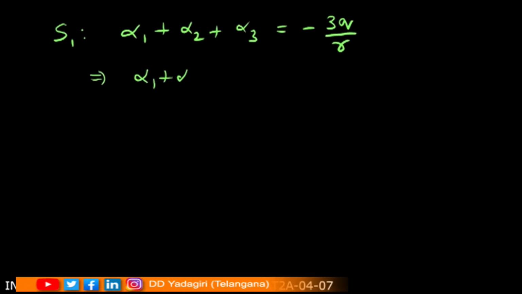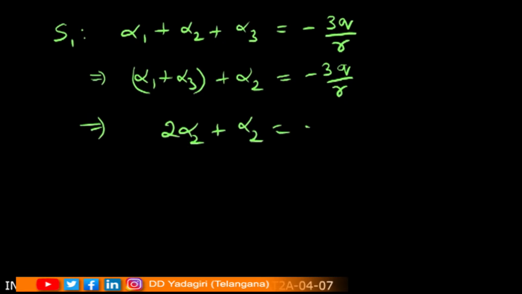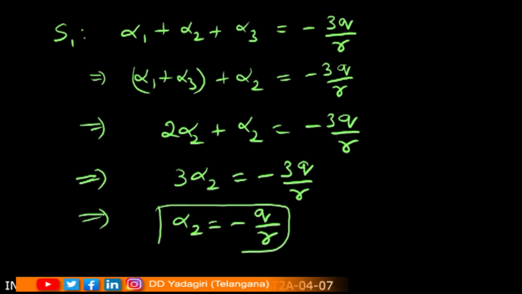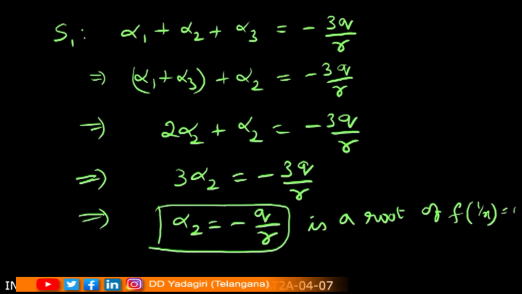Alpha 1 plus alpha 3 plus alpha 2 is 2 alpha 2 plus alpha 2, so 3 alpha 2 is equal to minus 3q by r. So alpha 2 is equal to minus q by r is the root of f of 1 by x is equal to 0.